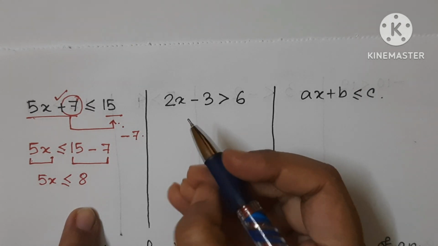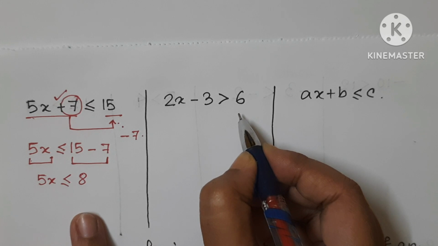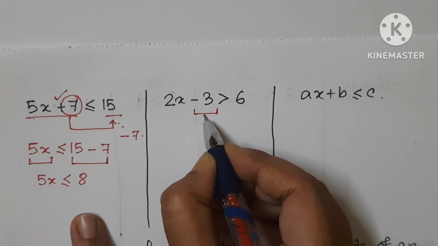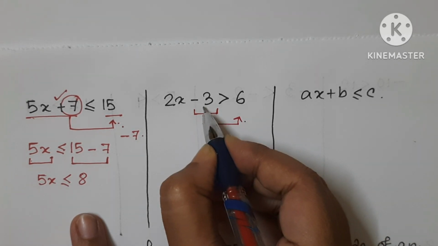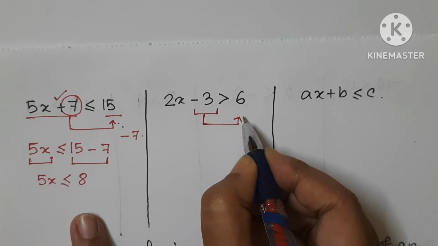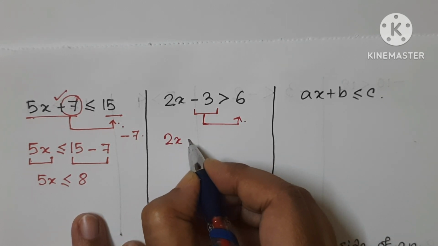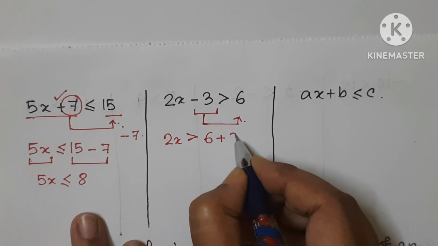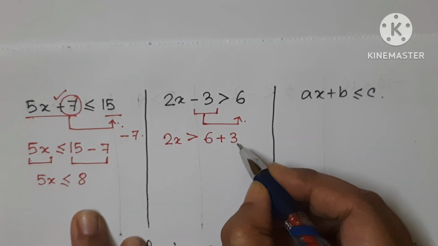And in the second example, see 2x minus 3 is greater than 6. Here 3 is a constant term and I want to transfer it to this side. The symbol of 3 is minus, and when it comes to this side, it will become plus 3. So the next step is 2x greater than 6 plus 3. That minus 3 became plus 3 here.